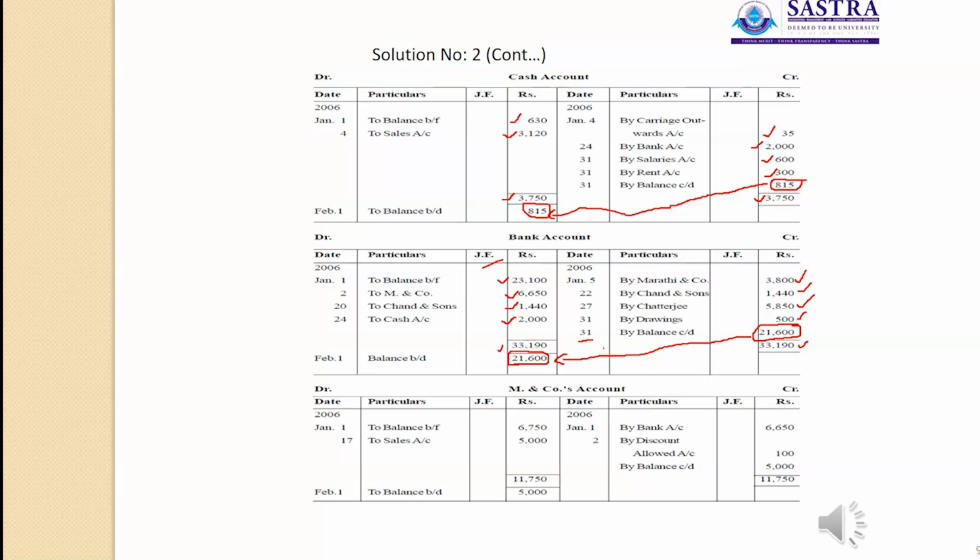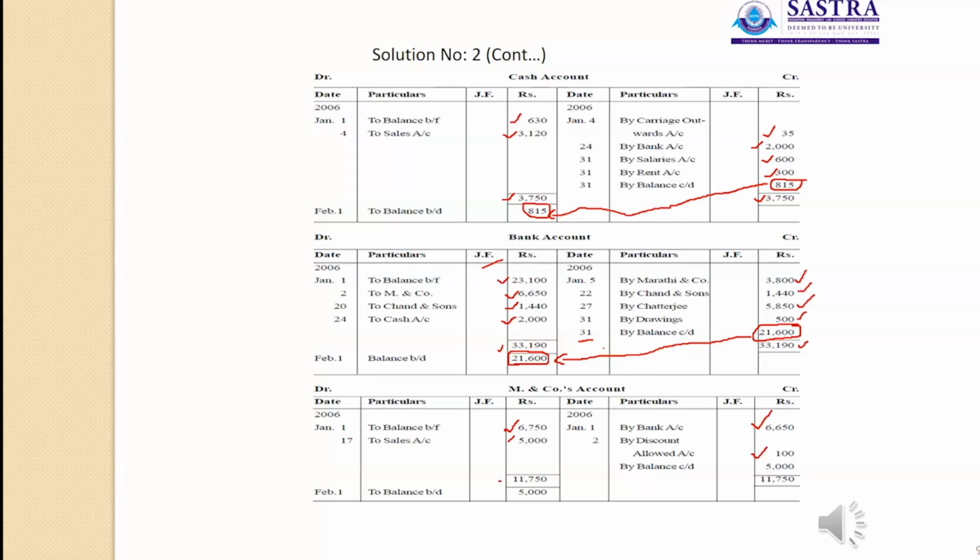Then next account we have to prepare is the MN company account. So MN company is a debtor, so it shows the debit balance. January 1st, to balance brought down 6,750. The amount paid by cheque, by bank account 6,650. 100 is a discount allowed.